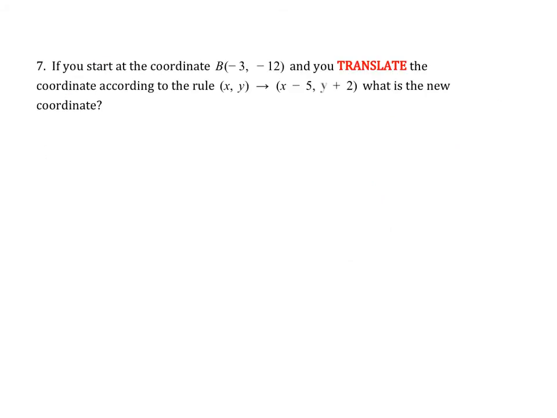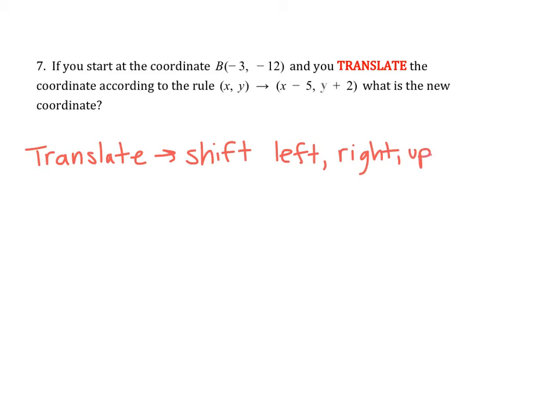Okay, so this problem says if you start at the coordinate B, which is -3, -12, and you translate the coordinate according to the rule (x, y) becomes (x - 5, y + 2), what is the new coordinate? So remember, when they ask you to translate something, you are simply shifting your coordinate left, right, up, or down.